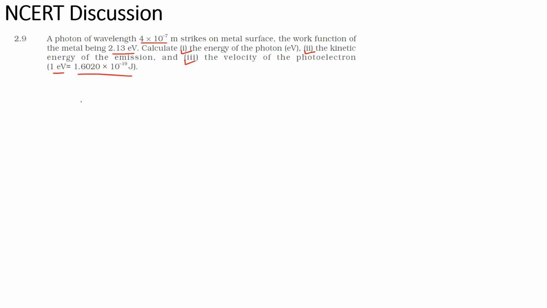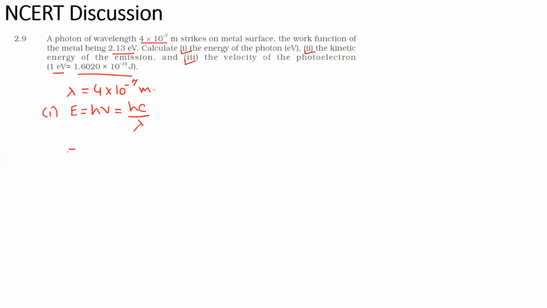Okay, so lambda is given to us as 4 into 10 to the power minus 7 meters. To calculate the energy of the photon, we know that E equals h nu, and this can also be written as hc by lambda.